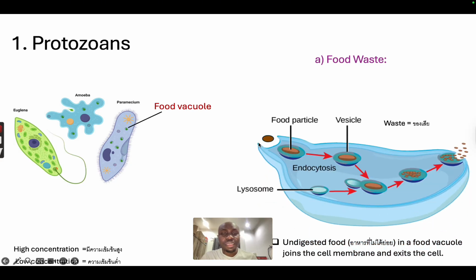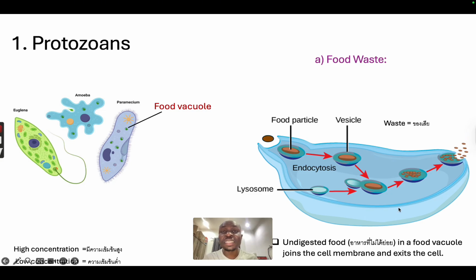First, the food, if this round structure is the food, goes into the cell and it is digested. Right? It is digested by enzymes from the lysosome. And the undigested food joins the cell membrane and it is released outside.